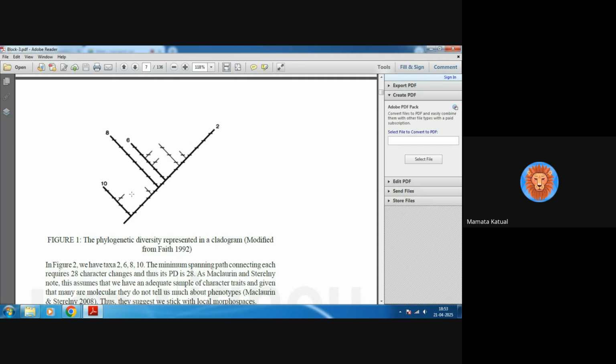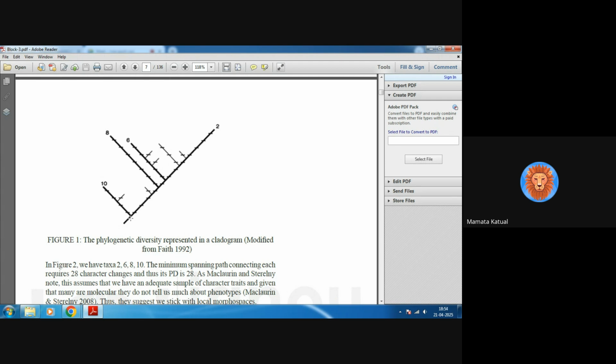there is a branch point, and the point from which a new branch arises is known as the branch point. So branch point indicates that a new species has evolved. There is a straight line, and this straight line produces a branch point.